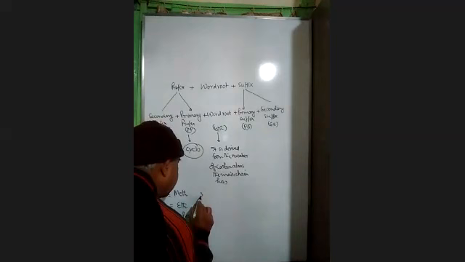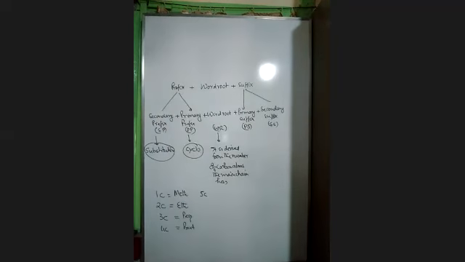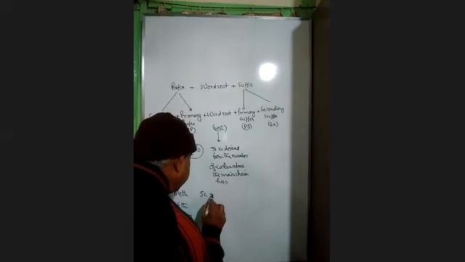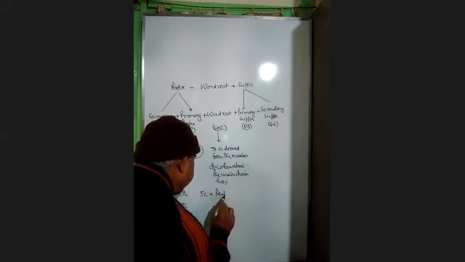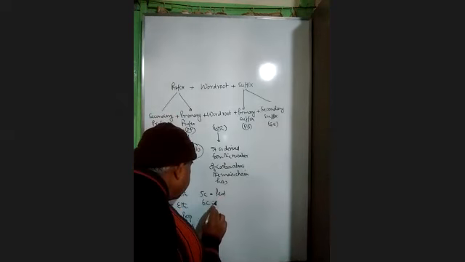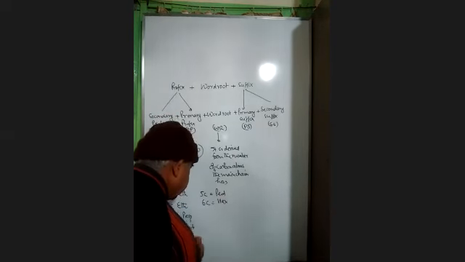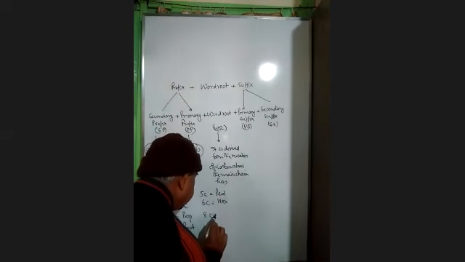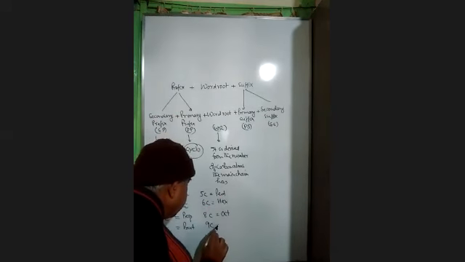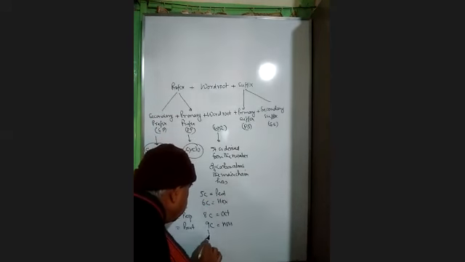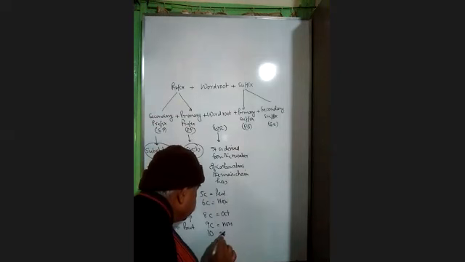Then from 5 carbons onwards, it is named after the Roman multiples. 5 carbon will be pent. 6 carbon hex. 8 carbon oct. 9 carbon non. 10 carbon, we call it dec.